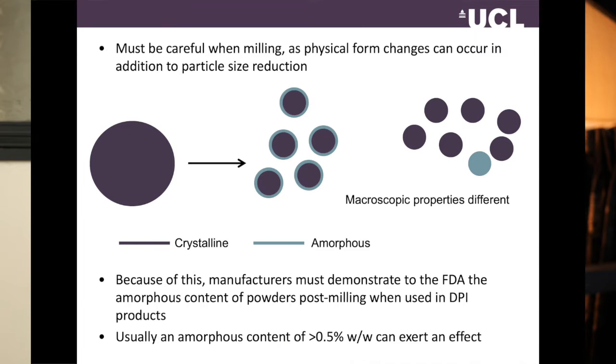So the example on the right hand side of this screen shows you what happens if we try and make a powder which is, say, 1 or 2% amorphous. The way we do that is we mix crystalline powder particles with amorphous particles made by, say, spray drying. If we want to make a 1% reference material of amorphous content, we're going to mix 99 parts of crystalline material with 1 part of amorphous material.